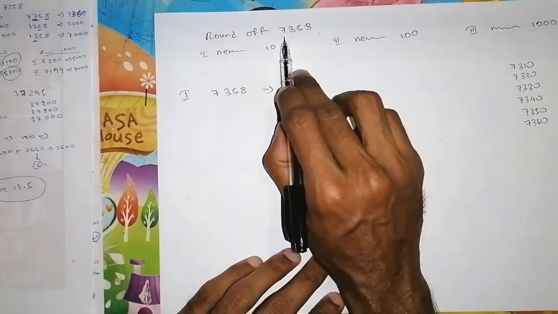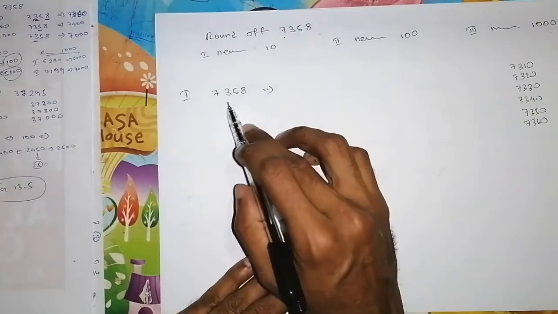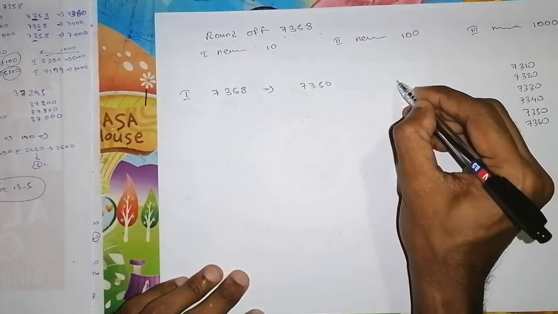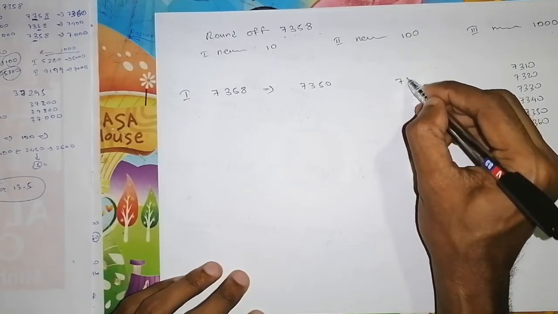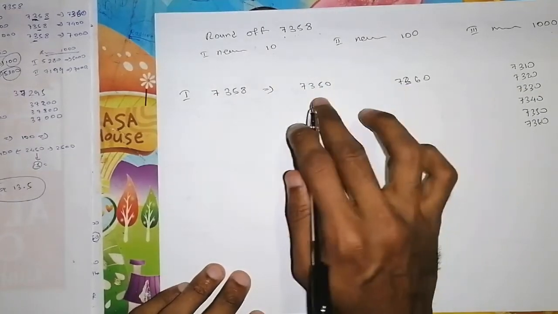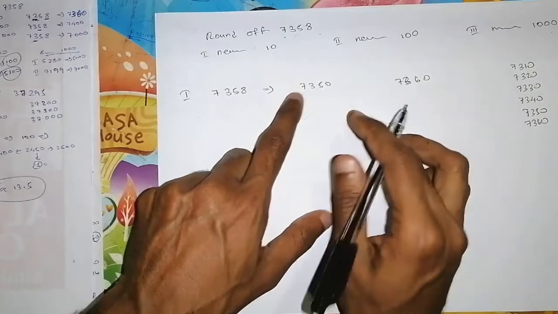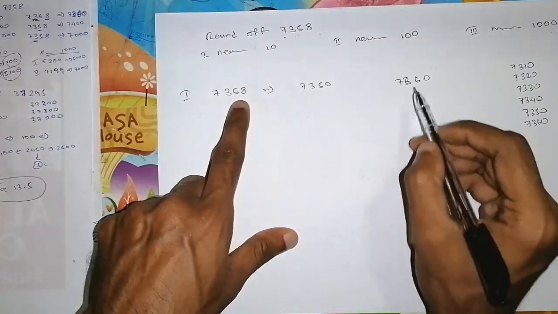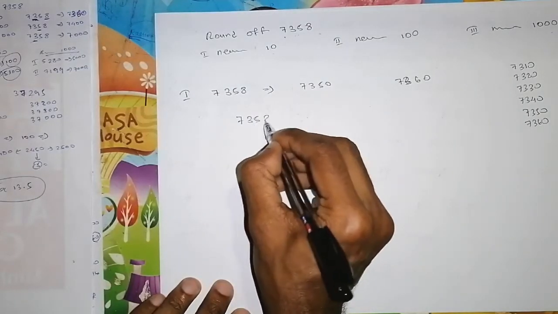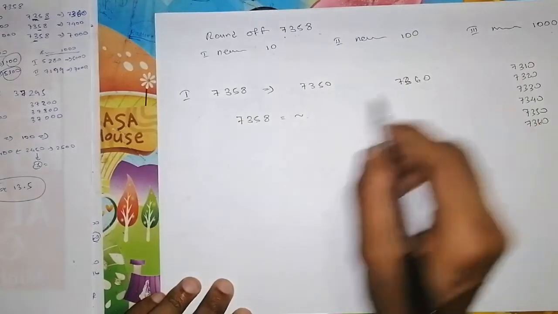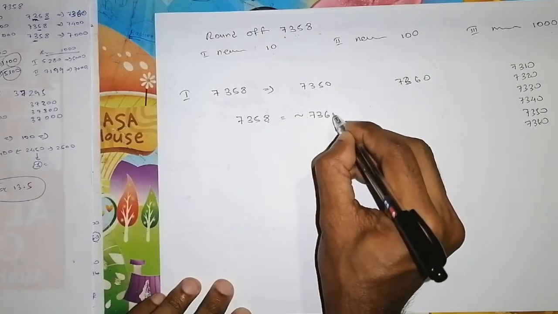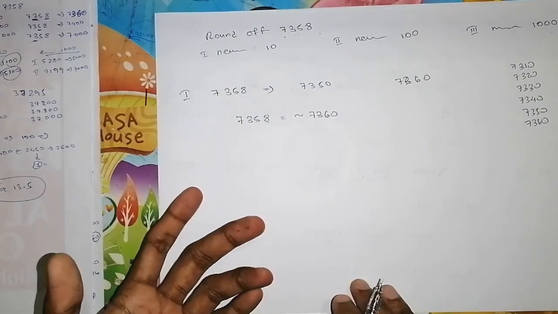Those are the tens belonging to 7300-something. So in the first method, 7358 is in between 7350 and 7360. The given number ends in 58, so it is nearest to 60. It is far from 50, so it is 7360.